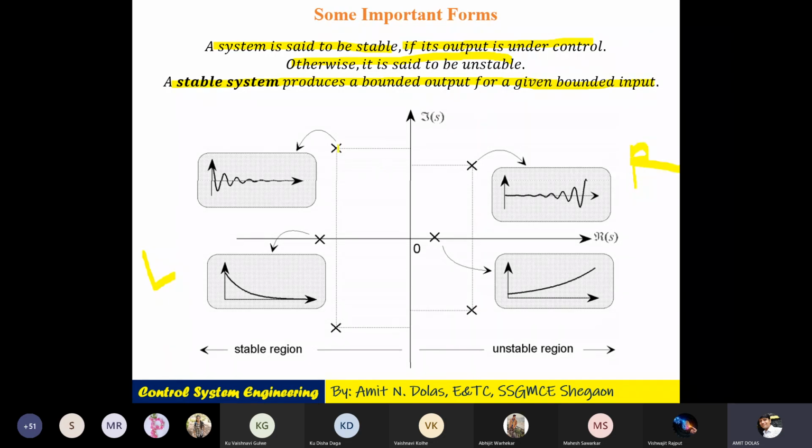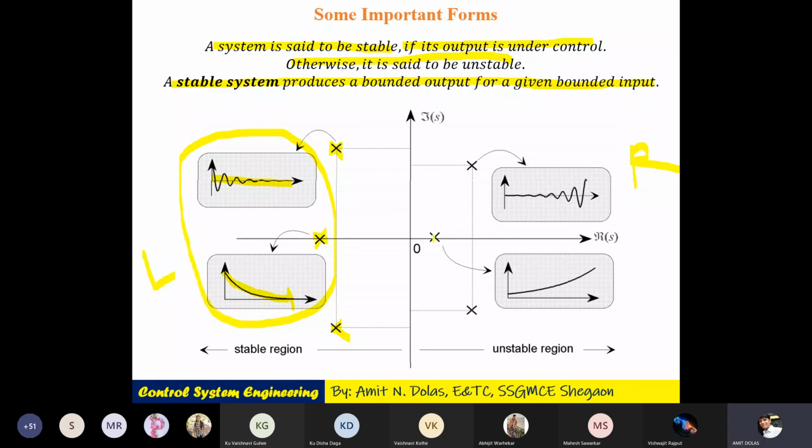If the complex pole is on the left hand side, then there will be a response like this. It is a continuously oscillating system and dies to 0 after a certain time duration. If there is a real pole on the real axis, then there will be an exponential decay that will die out after a certain time, absolutely integrable in both cases.